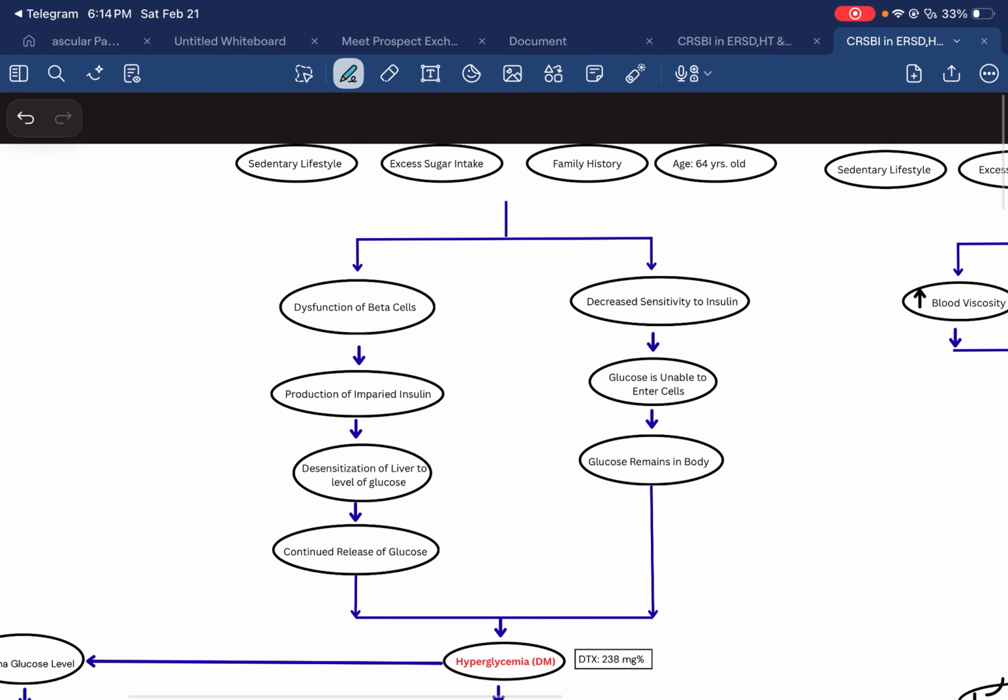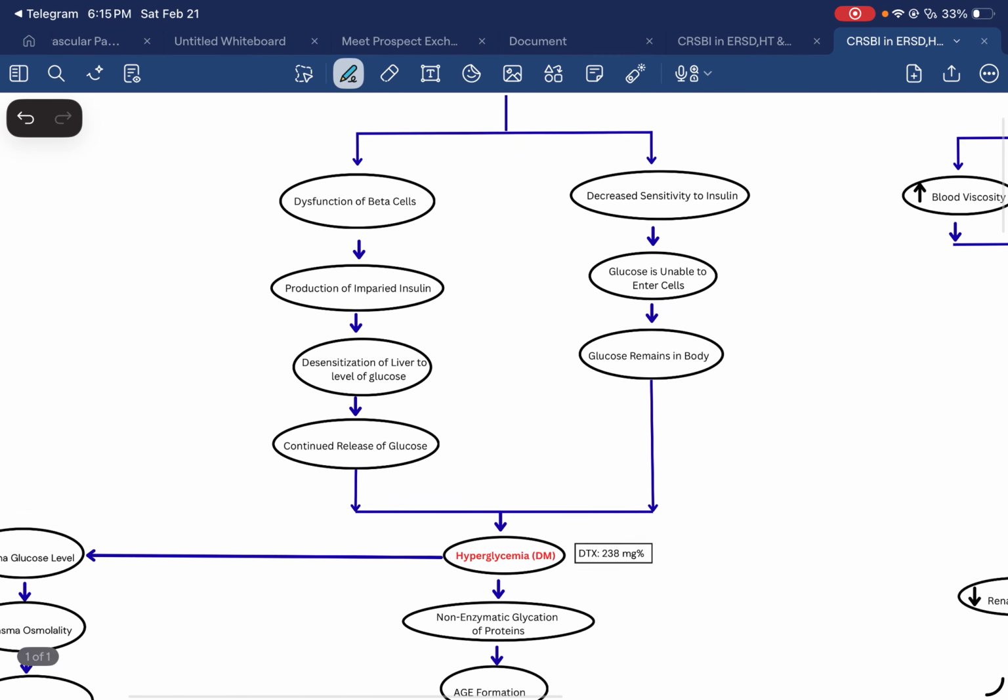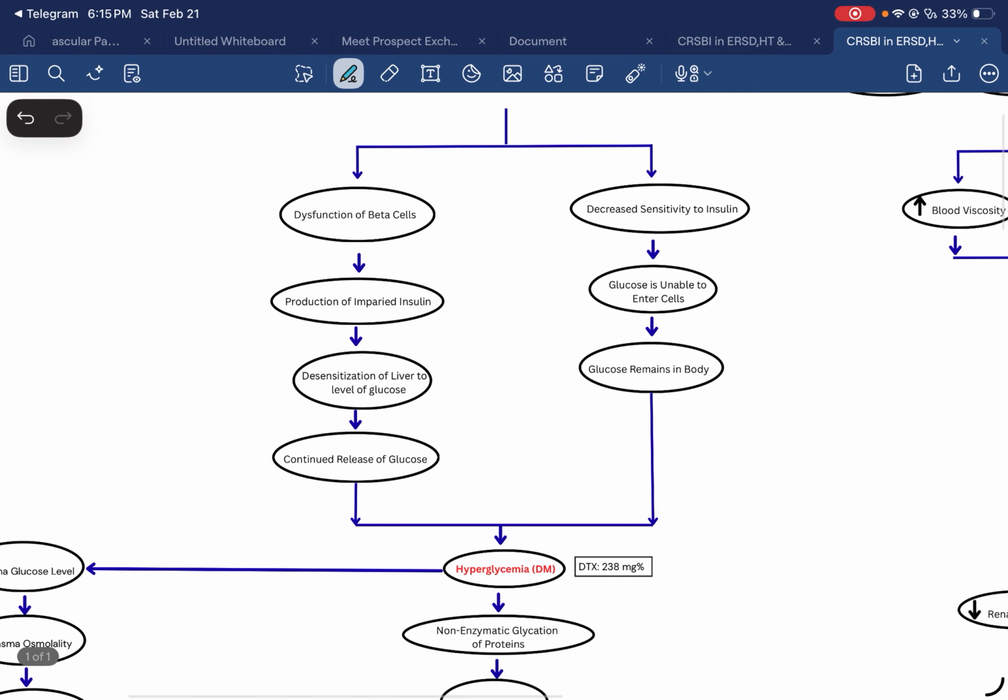This patient has risk factors such as sedentary lifestyle, excess sugar intake, family history, and his age, 64 years old. And in hyperglycemia there are two pathways in which a patient can have high sugar level.